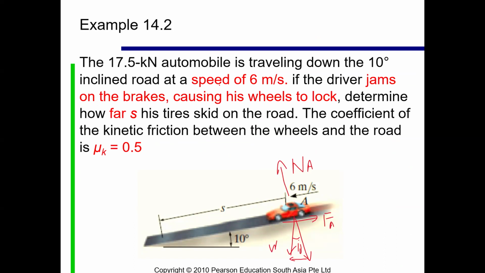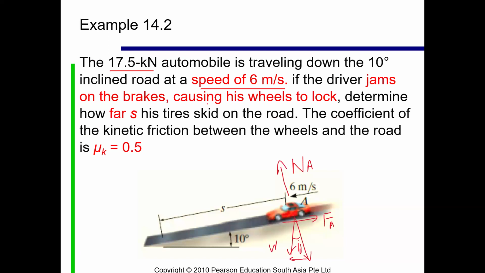Now, students, we solve one more problem related to the same concept. This question says that the 17.5 kilonewton automobile, which is a car here, is traveling down a 10-degree incline road at a speed of 6 meters per second.